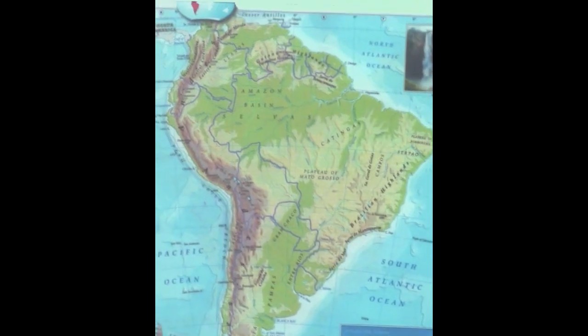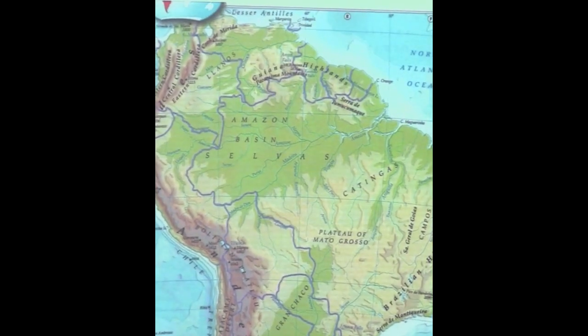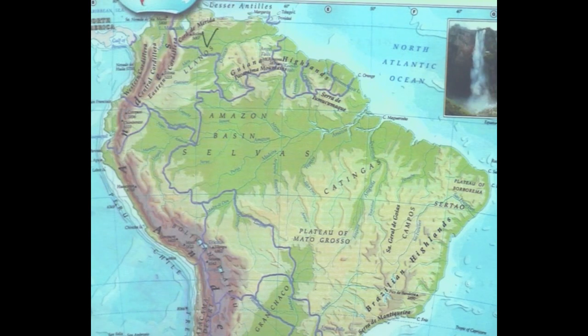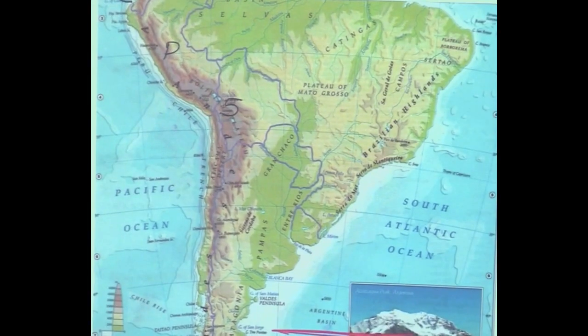Which are the countries with which I am correlating the Andean Cordilleras? The Andean Cordilleras relate to number 1 Venezuela, number 2 Colombia, number 3 Ecuador, number 4 Peru, number 5 Bolivia, number 6 Chile, number 7 Argentina.